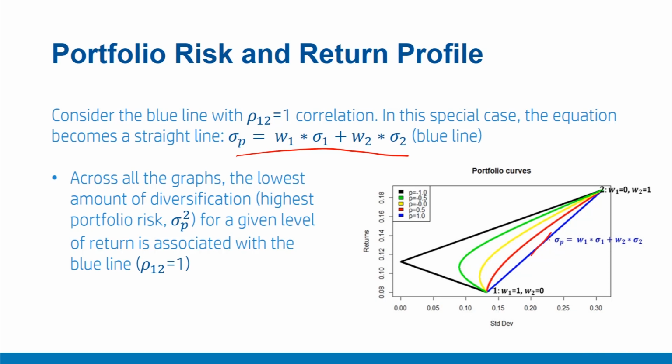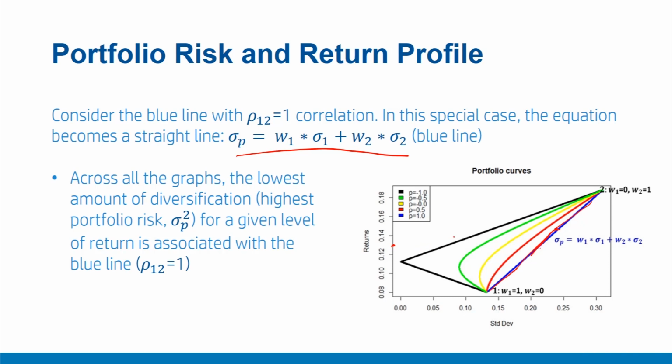Why so? Please notice that for this blue line, for all the combinations of W1, W2, the amount of risk for a given level of return is maximum. For example, if we look at this level of returns, the maximum risk is obtained on this blue line for all the different correlation combinations.